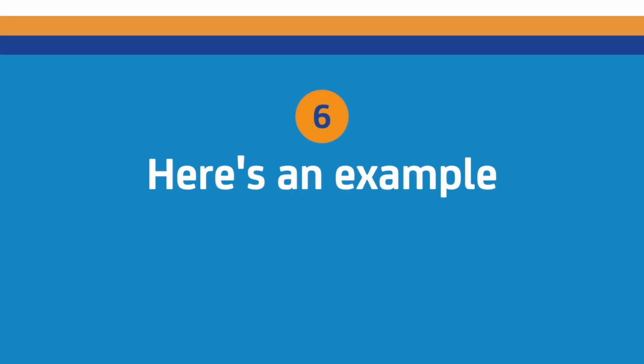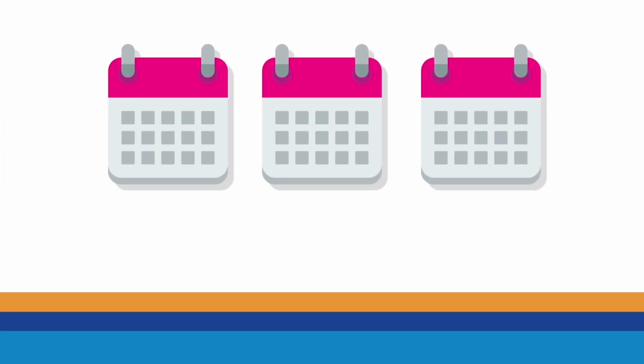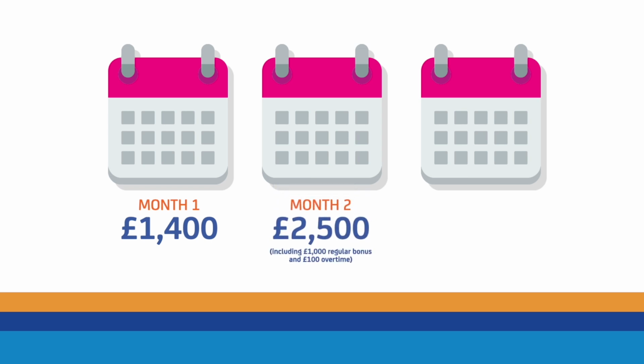Here's an example. APP is calculated at an annual rate based on the pensionable pay received in the 3 complete months, or 12 weeks if weekly paid, before the start of the applicable period. Month 1 equals £1,400. Month 2 equals £2,500, including £1,000 regular bonus and £100 overtime.